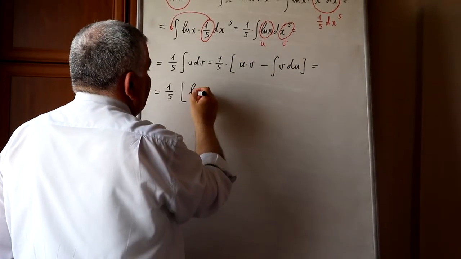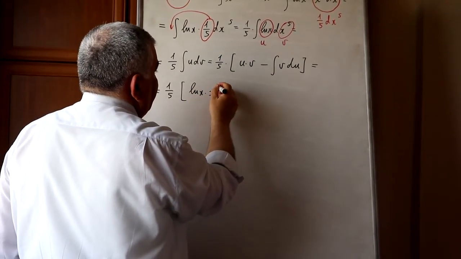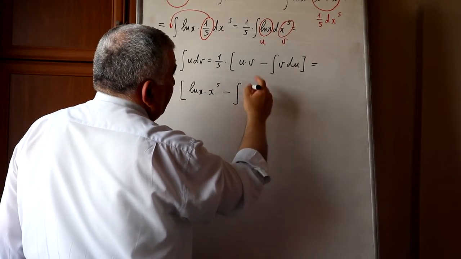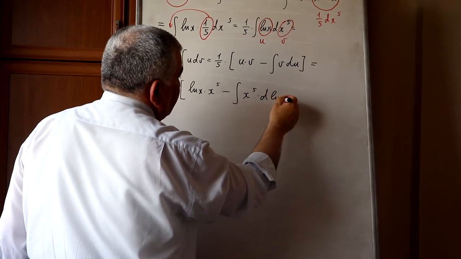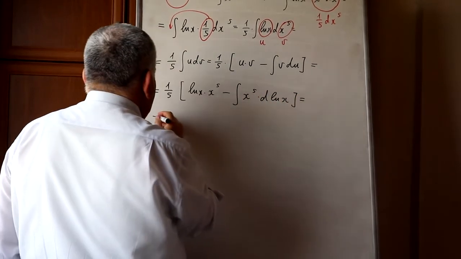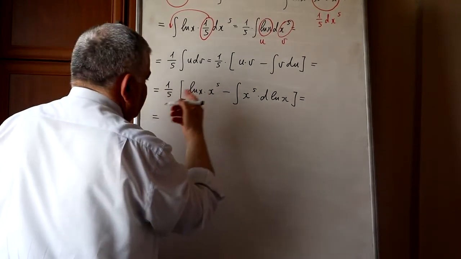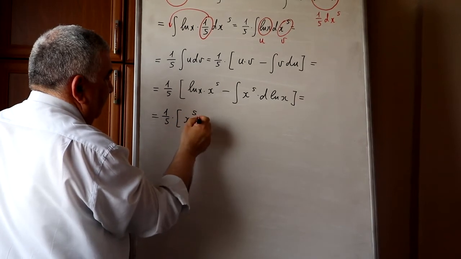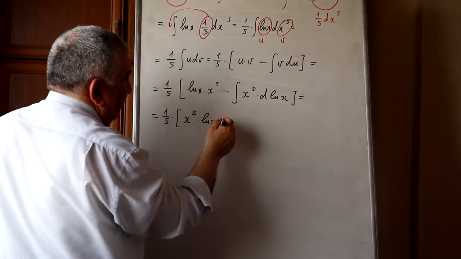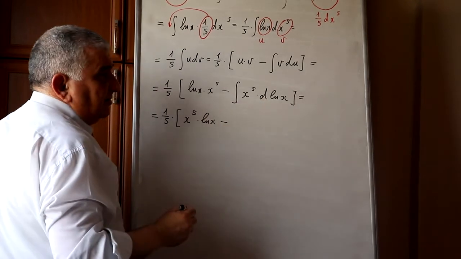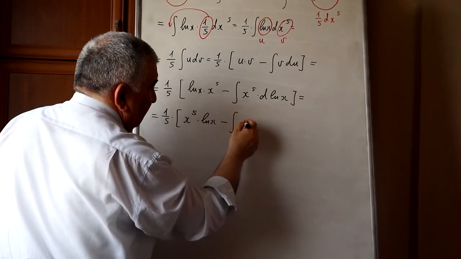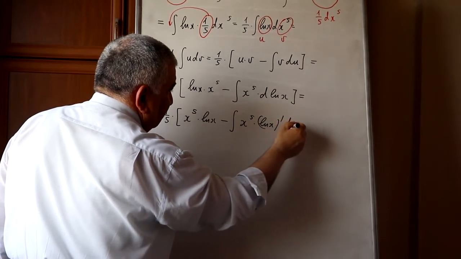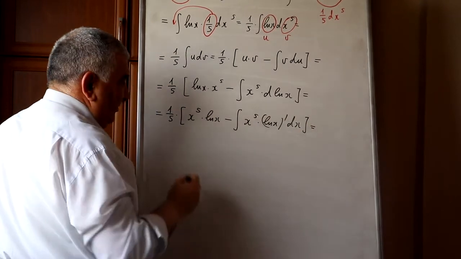It is natural log of x multiplied by x to 5 minus integral x to 5 multiplied by d ln x. Change the places. 1/5 multiplied by x to 5 multiplied by natural log of x minus integral of x to 5 multiplied by ln x prime dx. ln x prime is 1 over x.